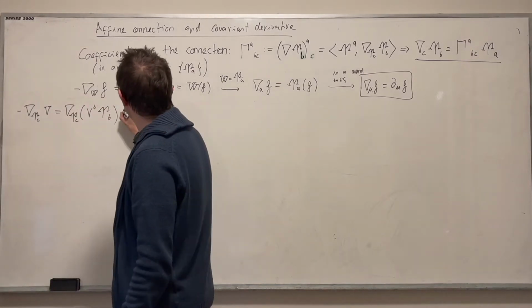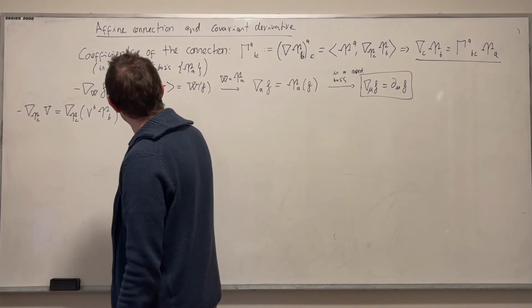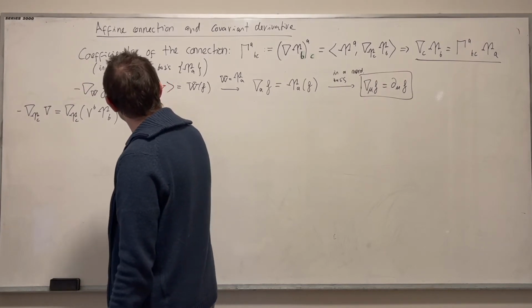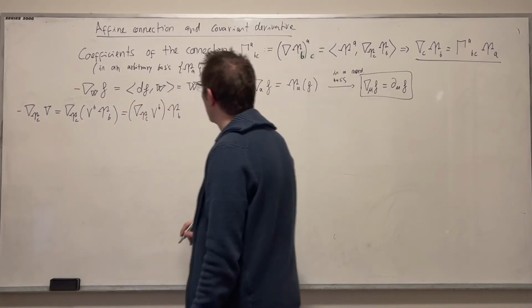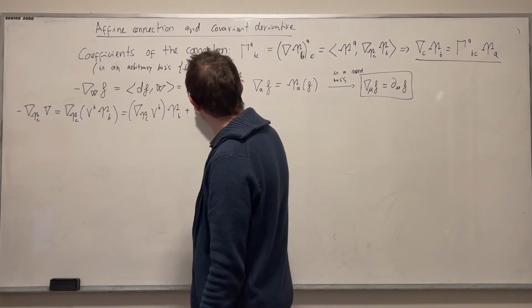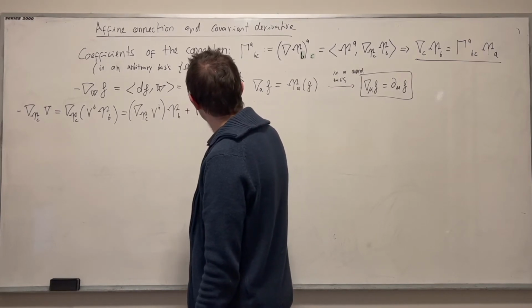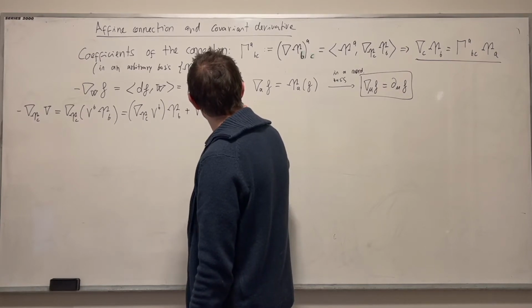Now, I use the Leibniz rule here, and I'm going to get the directional derivative in the direction of c of the component, contracted with the element b, plus v^b, and then the directional derivative in the direction of c of epsilon b.